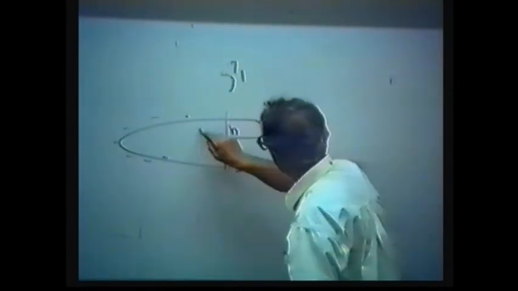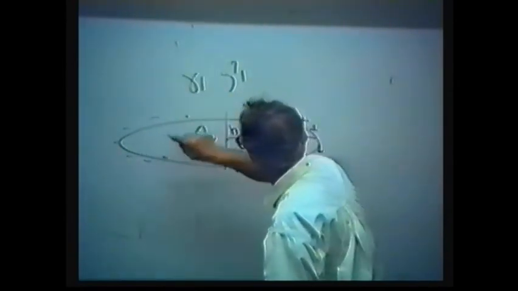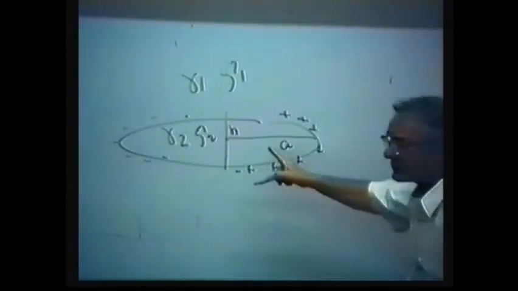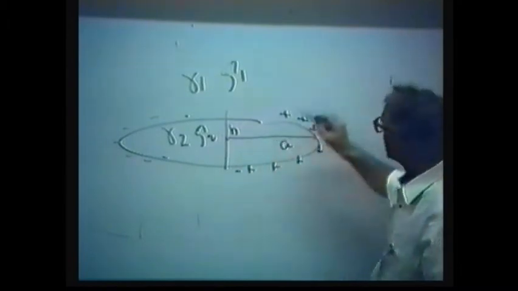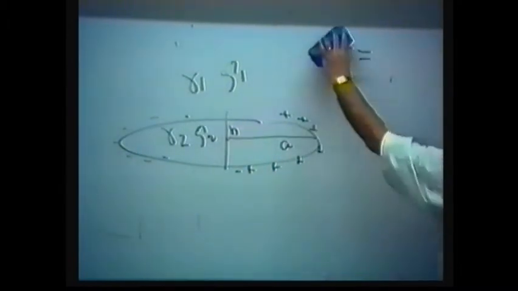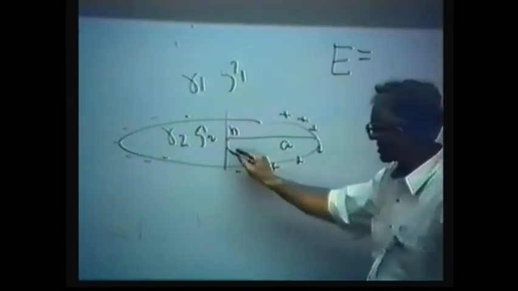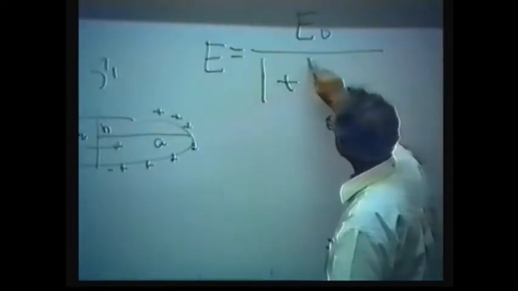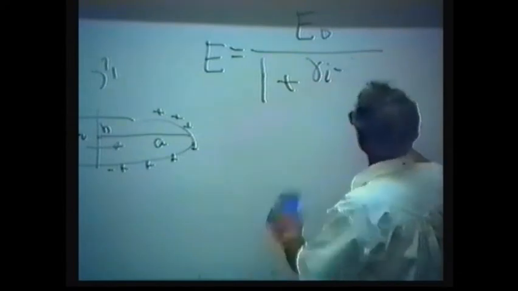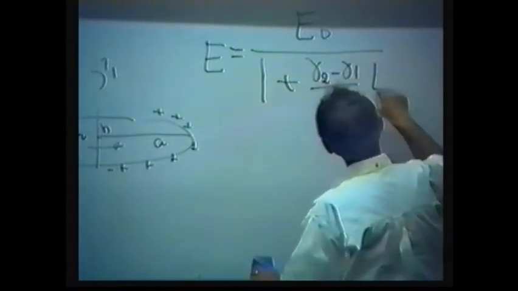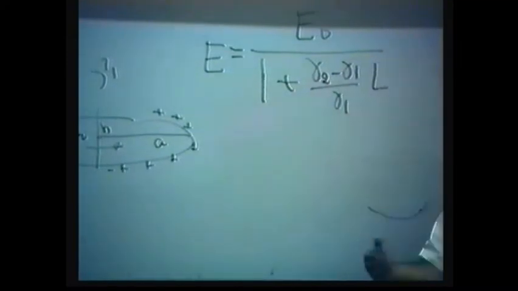That's rho 1, rho 2, or gamma 1, gamma 2. And theory shows electrical field inside along the axis is equal to primary electrical field, unit plus gamma 2 minus gamma 1, divided by gamma 1, times some geometrical factor.